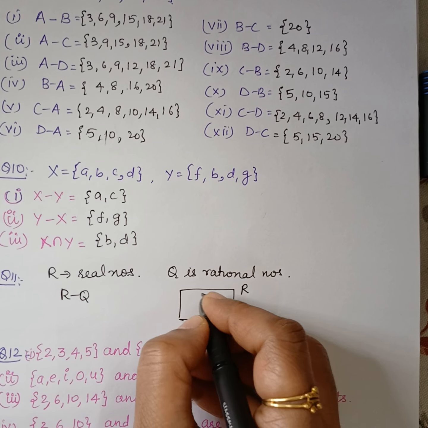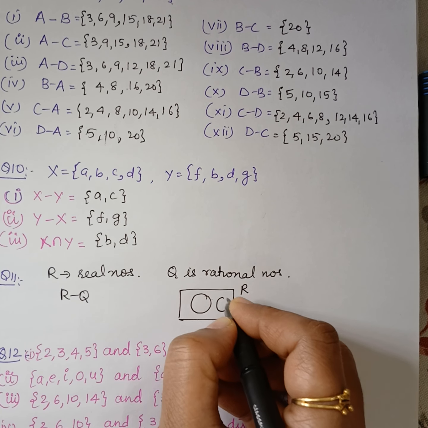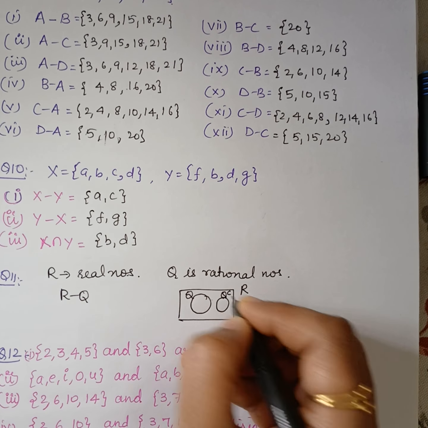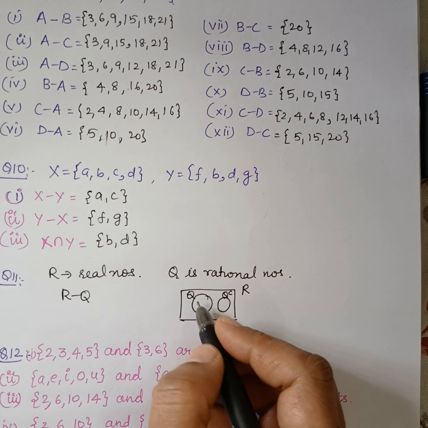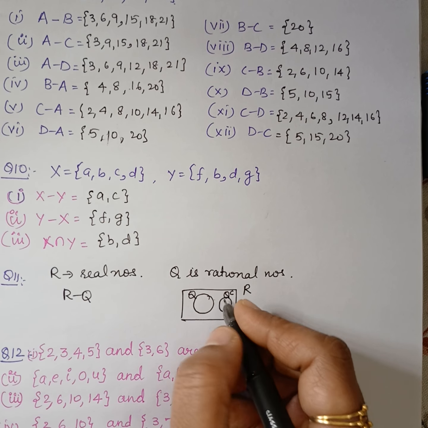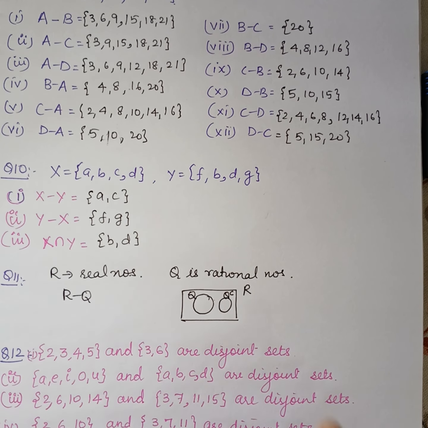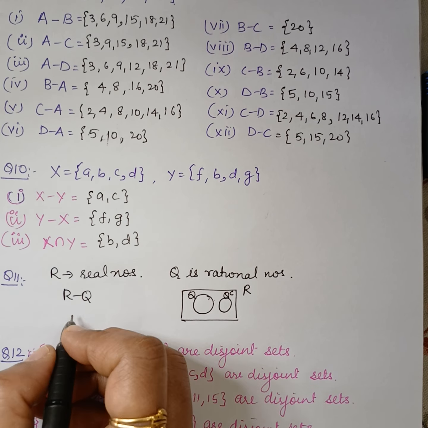Real numbers are rational plus irrational numbers. This is the rational number and this is the irrational number. So from real numbers, if I remove rational numbers, what will be left? Irrational numbers will be left. So we will write R minus Q will be the set of irrational numbers.